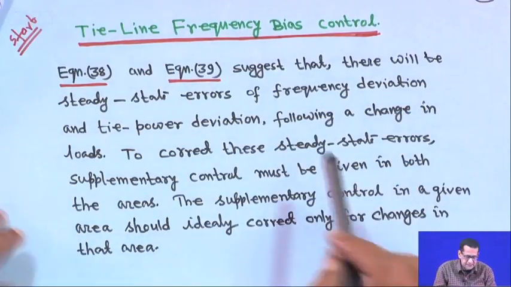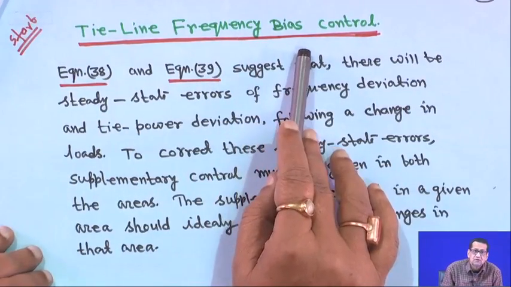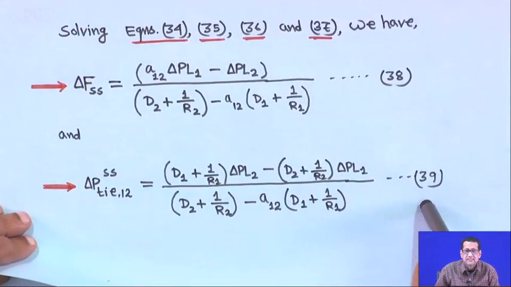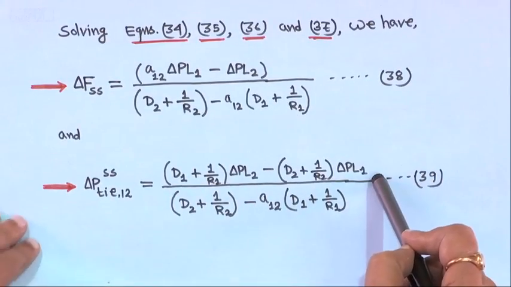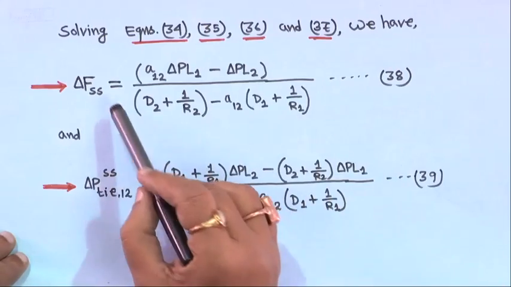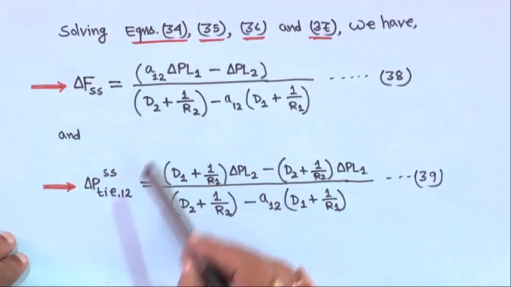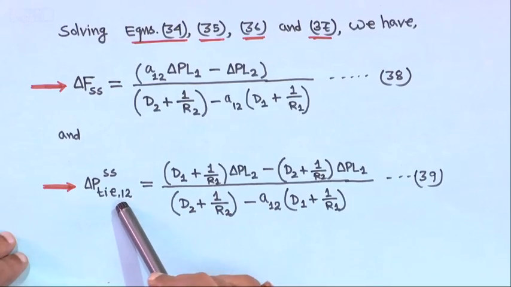Now, next is the tie line frequency bias control. These two equations, 38 and 39, suggest that if your system is uncontrolled, then there will be a steady state error in frequency deviation as well as tie power deviation following a load disturbance.